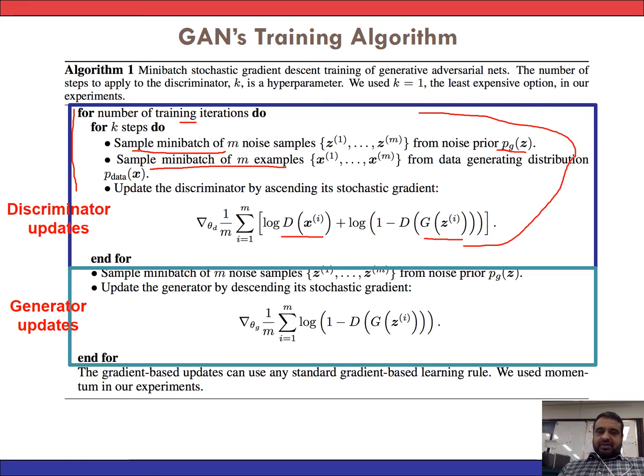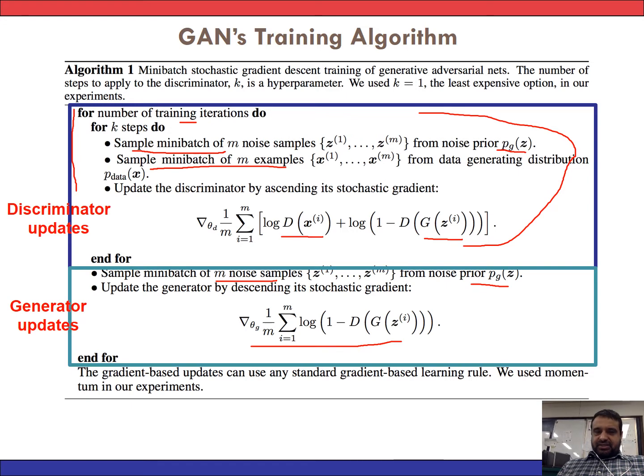Now, to learn the parameters of the generator, we sample m noise samples, such as z1 to zm, from the prior distribution Pg of z, and then we use this objective function here, and we want to minimize this objective function.